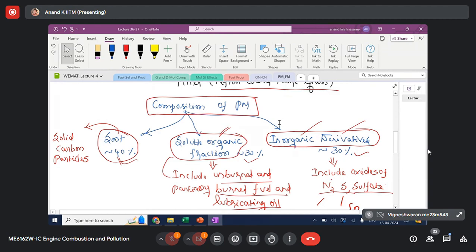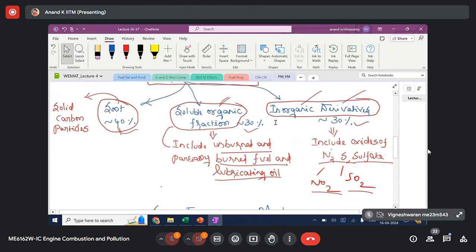The soluble organic fraction is generally very high at low load condition, where the unburned or partially burned fuel and lube oil concentration in the exhaust is high. At high load, this will go down. This 30% will go down to say 5% or so, because at high load, fuel and lube oil will be oxidized very well.